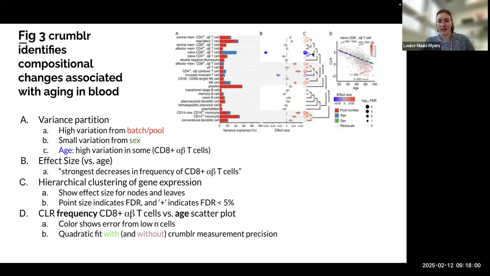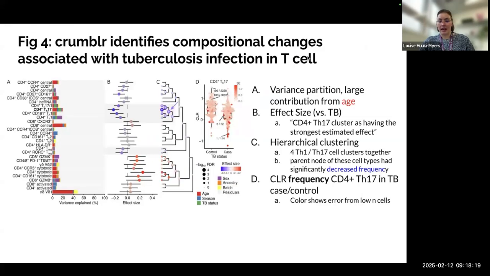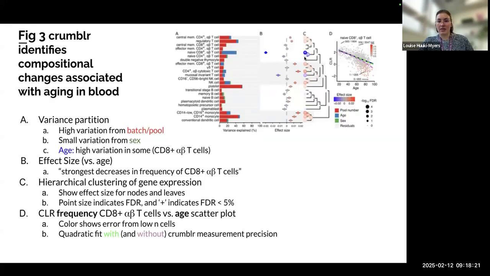If we look at C, this is doing the univariate or multivariate testing, where we can see this univariate test has a significant negative effect size. And on this branch of the dendrogram, these other ones are also negatively affected, and significantly so. So these are related cell types that have a similar effect. That's an interesting conclusion you can draw from that.